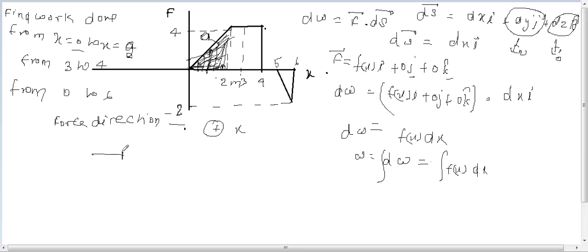This is the direction of force. What is the direction of displacement? Displacement is also taking place from x is equal to 0 to x is equal to 4, so the direction of displacement is positive. Both are in the same direction, so work done will be positive.